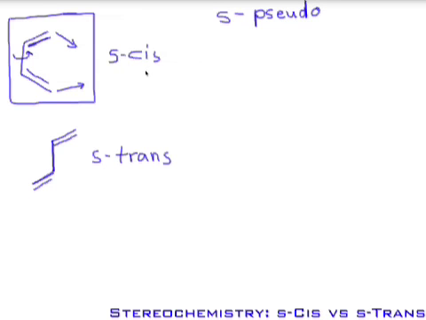S-cis is not really a geometric isomerism because there's free conformational change at room temperature. There's free rotation around the single bond. The s-cis and s-trans always interconvert. And one could argue that, well, if they always interconvert, how do you know you need the s-cis?